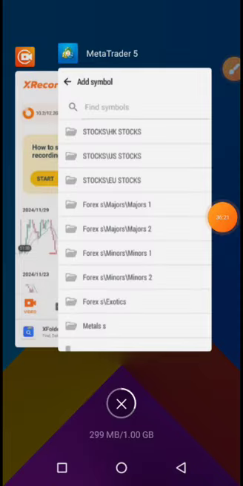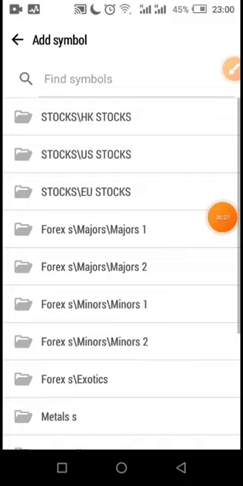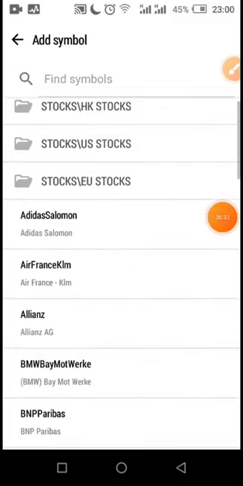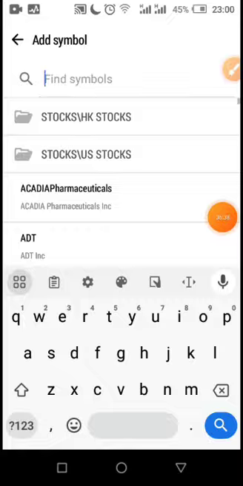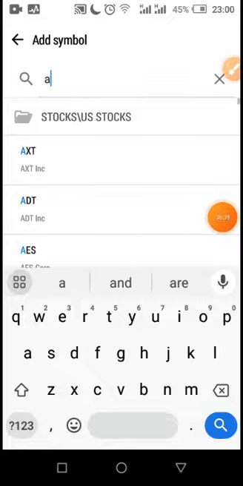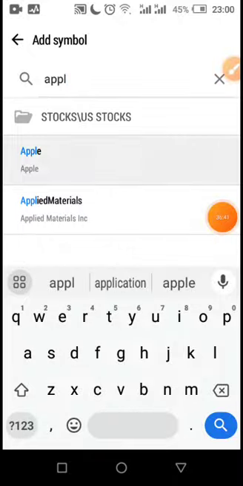But you can always check with your broker if you want to see the trading hours of the instrument, and they can always be listed on the properties of the instrument on your quote list.